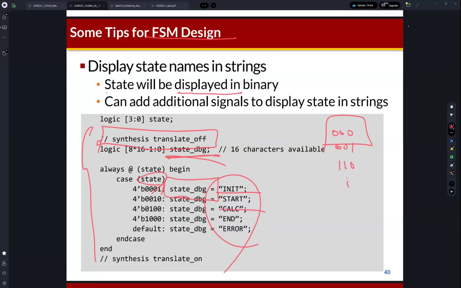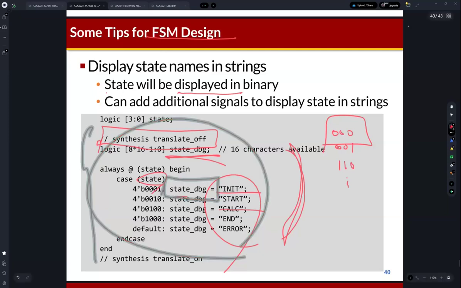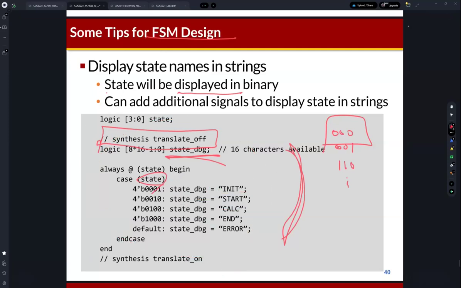It is because this part is included in your source file, but as I mentioned, we write SystemVerilog source code for designing hardware, and this part is included just for simulation. So in this case, we can use the synthesis primitive, like synthesis translate off.